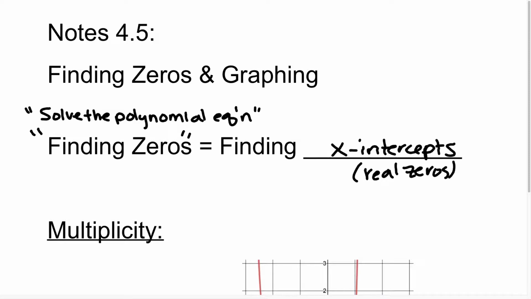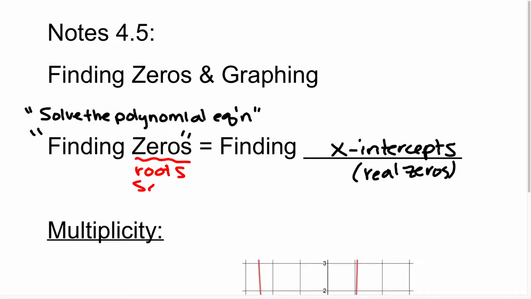Now, I just want to say really quickly, to avoid any kind of confusion, which I think I generally don't say enough, there are lots of synonyms that I can use for the word zeros. When I talk about finding zeros, sometimes you also hear that as the roots of a polynomial or the roots of an equation. So if you're asked to find the root, it means basically solve the equation, find the zero.